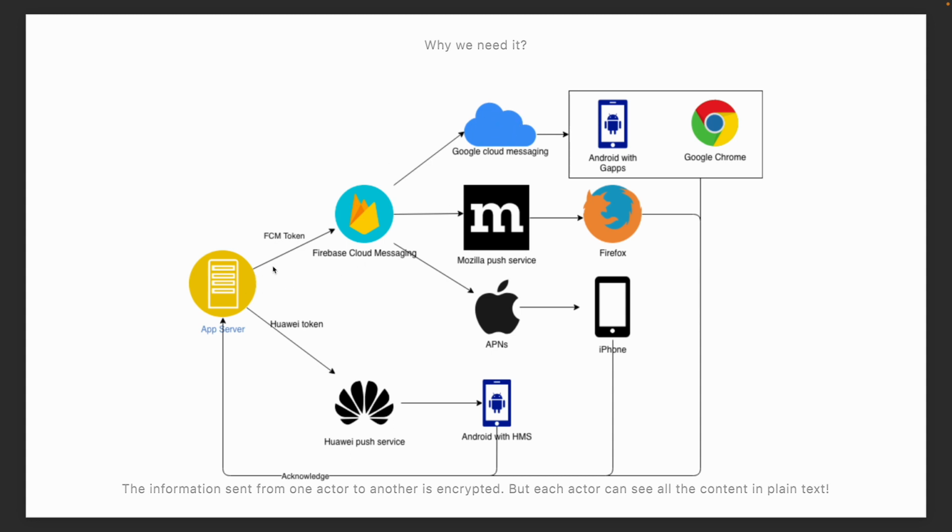So this transport of information between my application server and Firebase, and from Firebase to Google Cloud, Mozilla, or Apple push notification services, that transport layer is encrypted. But the text, the content of the push notification, is in plain text and can be read by any of these providers.